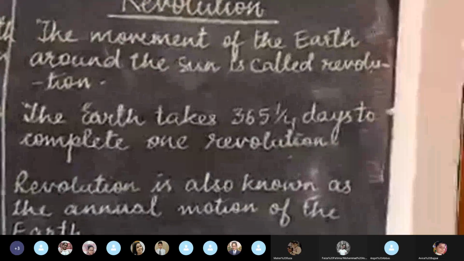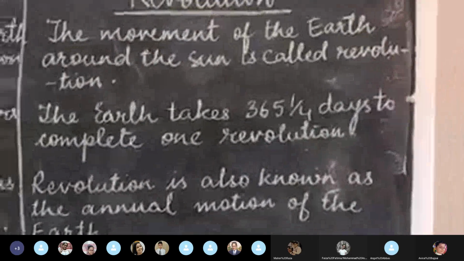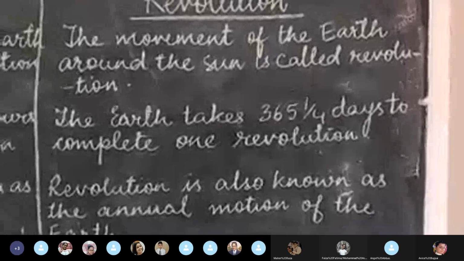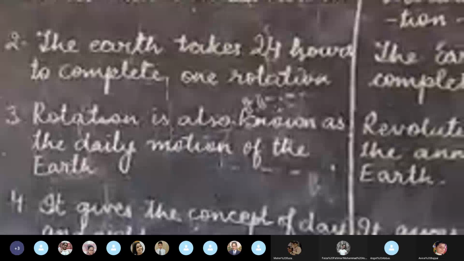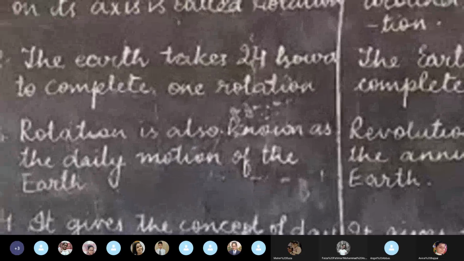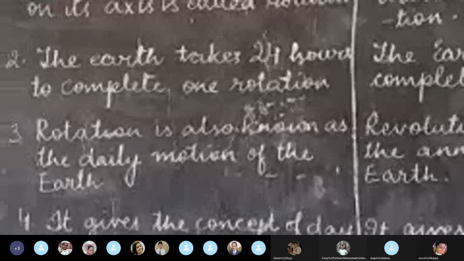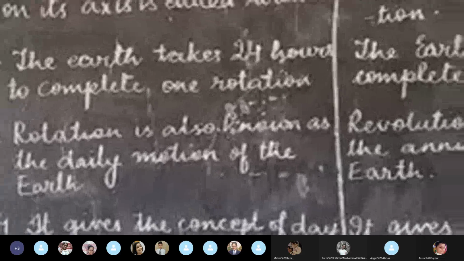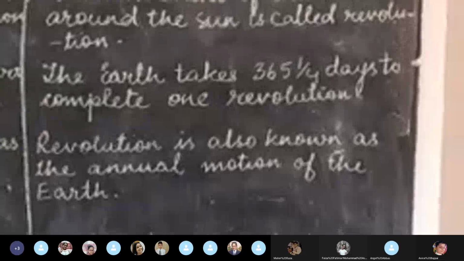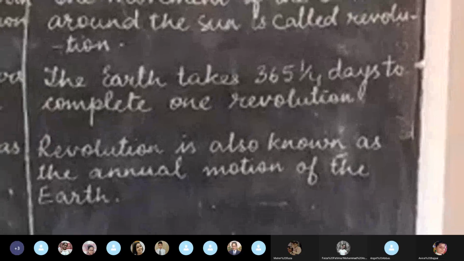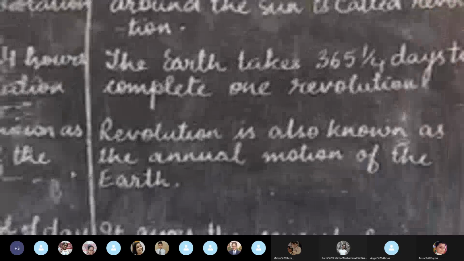Second point, the earth takes 365 1/4 days to complete one revolution. Third point for rotation, rotation is also known as the daily motion of the earth. Third point for revolution, revolution is also known as the annual motion of the earth.